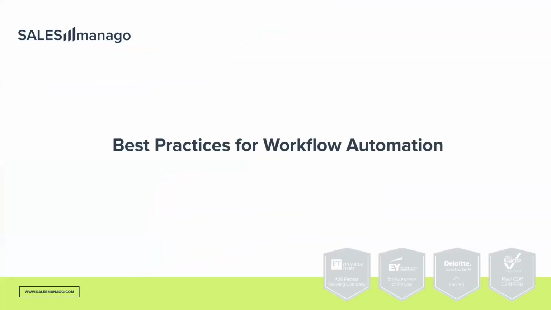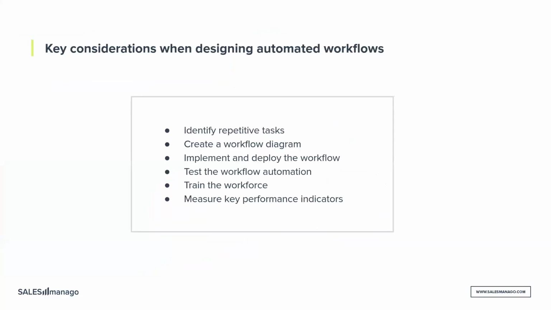What are the best practices for this CDP-driven workflow automation? First of all, identify repetitive tasks like sending emails or checking abandoned carts, or whatever can happen in your e-commerce. Create a diagram: imagine, in an ideal world, what would you like to happen in such a situation?